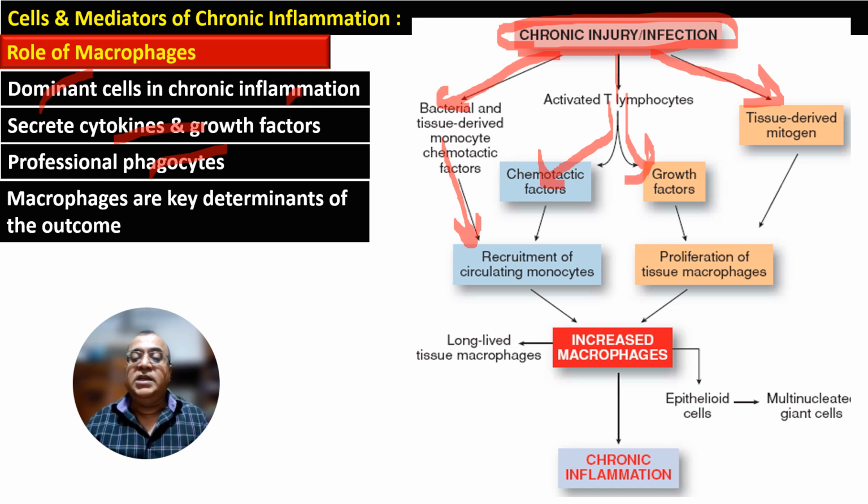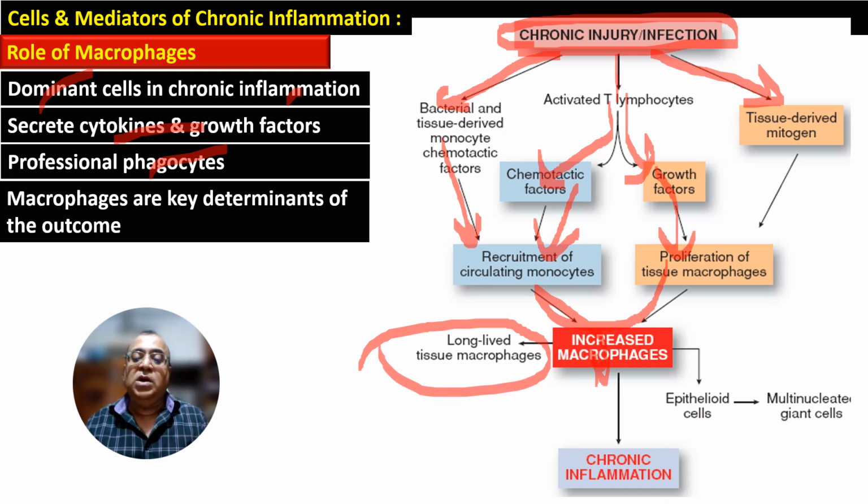The chemotactic factors are responsible for the further recruitment of circulating monocyte, while growth factors are responsible for proliferation of tissue macrophages. All these effects cumulatively will lead to increased macrophage population in the tissue, and these macrophage population in the tissue are long lived.